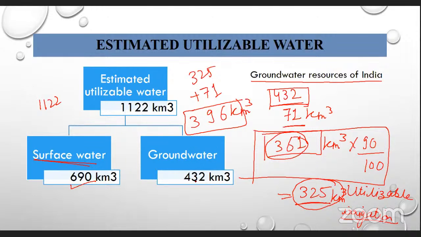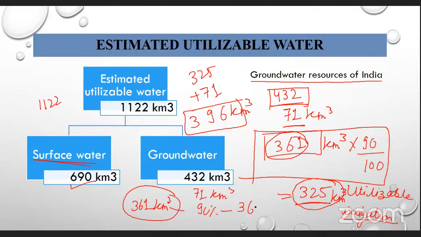Okay, and out of this 432 kilometer cube, 71 kilometer cube we are using for domestic use. Then we have 361 kilometer cube left for other purposes, like irrigation. But this total 361 we can't use for irrigation, we can use only 90% of it.